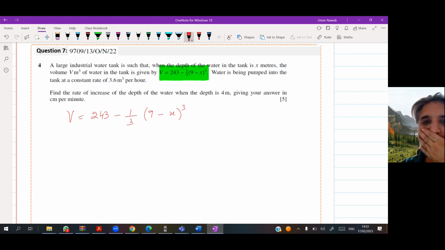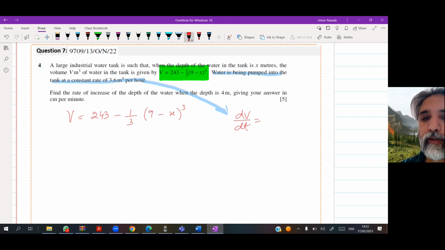He talks about water being pumped out at the rate of 3.6 meter cube per hour, that is, the rate of the volume is given to us. Is it pumping into or pumping out? Pumping into.